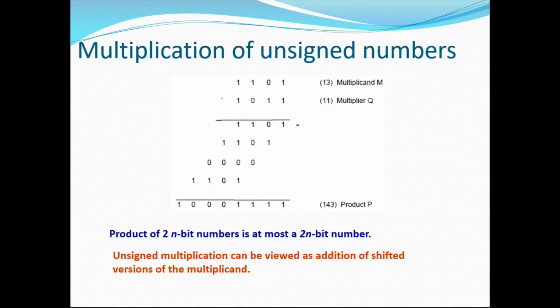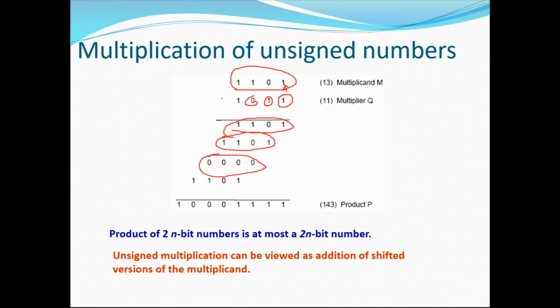In normal manual multiplication, which you already know from elementary school, this 1 is multiplied with this, and you get the same thing as it is: 1101. Again 1, and you get the same thing. When it is 0, it is all zeros.